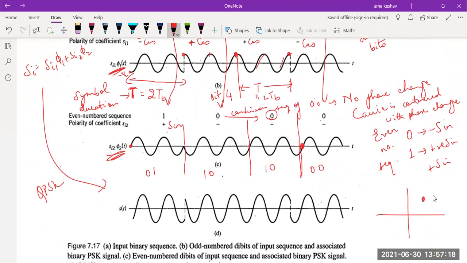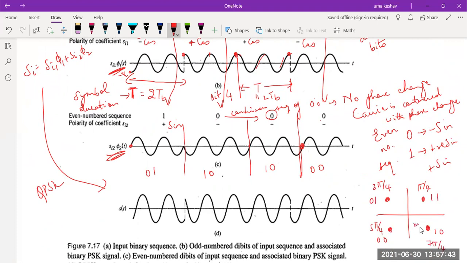This would represent 1, 1, and the phase is pi by 4. This would be represented with 0, 1, and the phase is 3 pi by 4. This point is 0, 0, the phase is 5 pi by 4. And this point is 1, 0, the phase is 7 pi by 4.